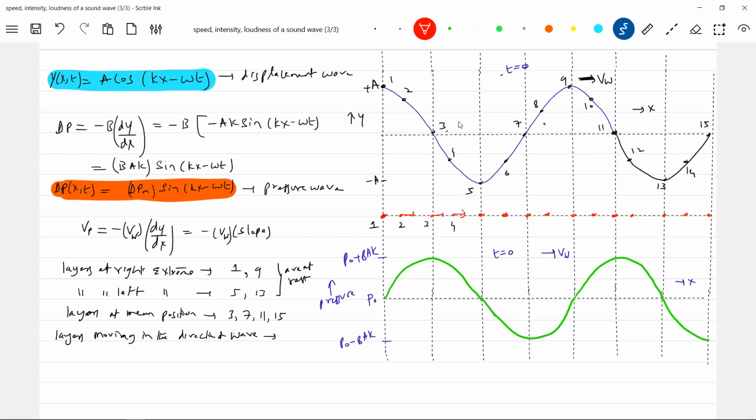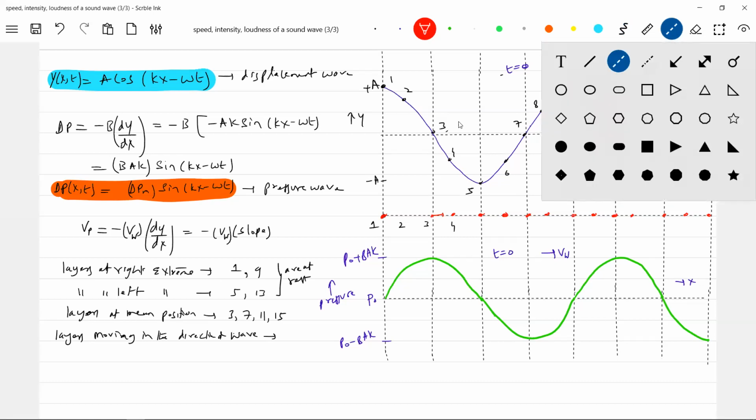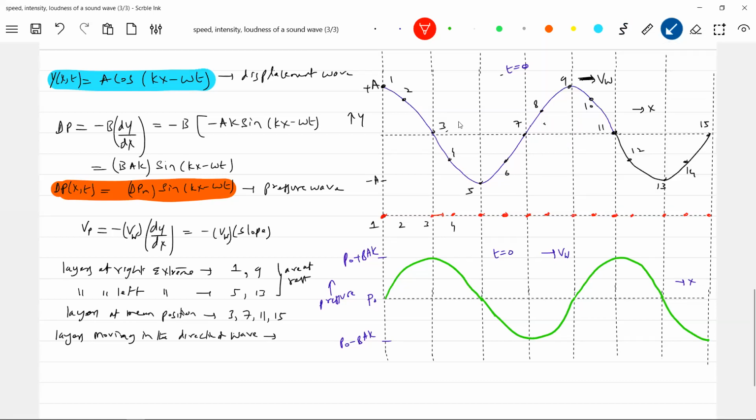Look at the arrows. Let me use this. The layers at 2, 3, 4: in what direction are they moving?